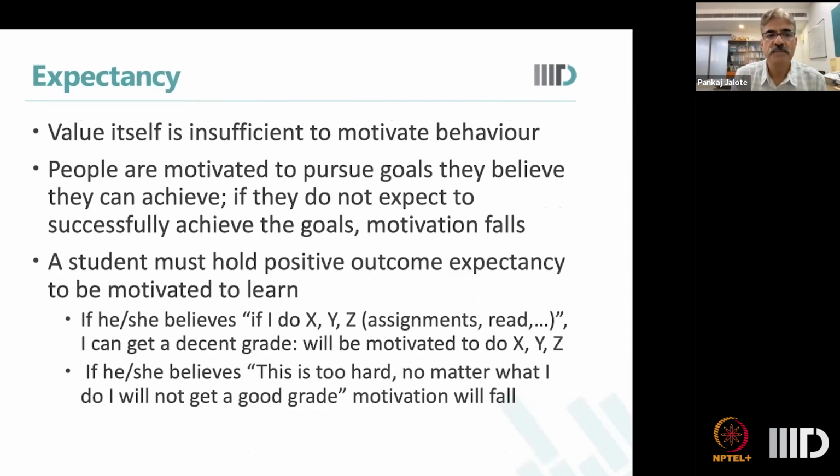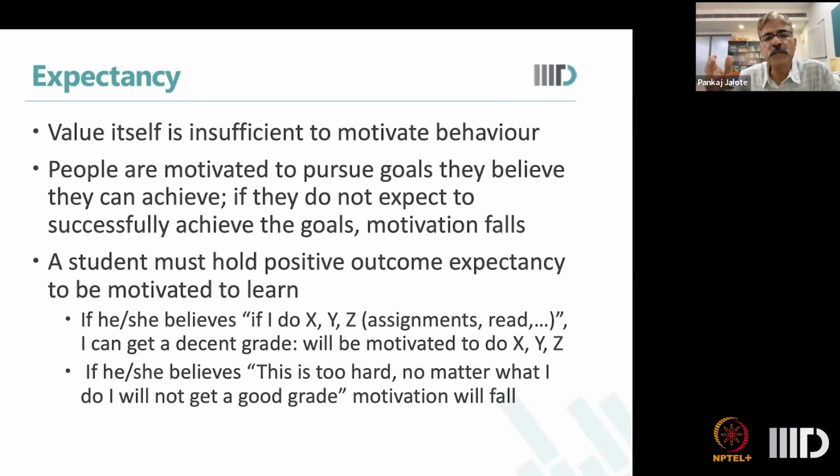All right. The second point, so this was about goals and values attached to the goals. The second is expectancy. So the value itself is insufficient to motivate behavior. People are motivated to pursue goals to which they attach value if they believe they can achieve them.